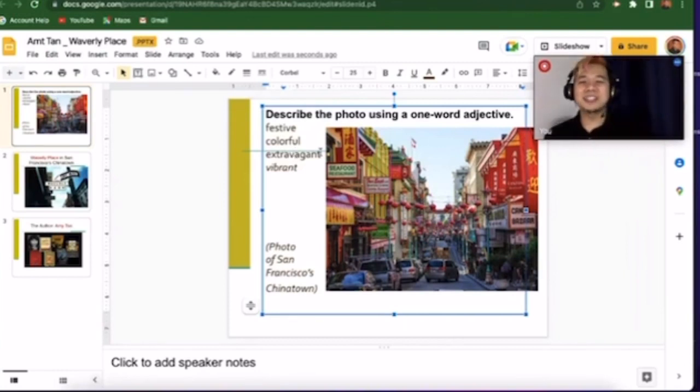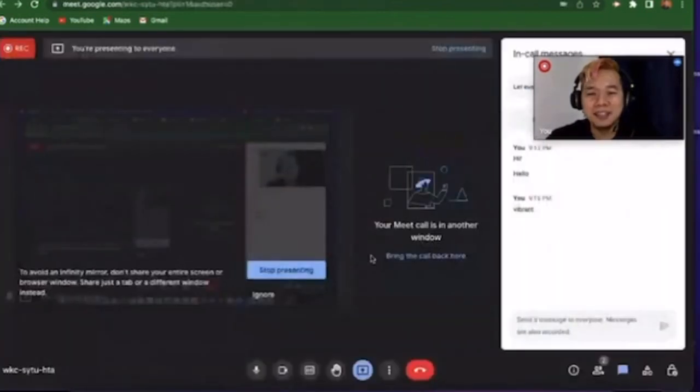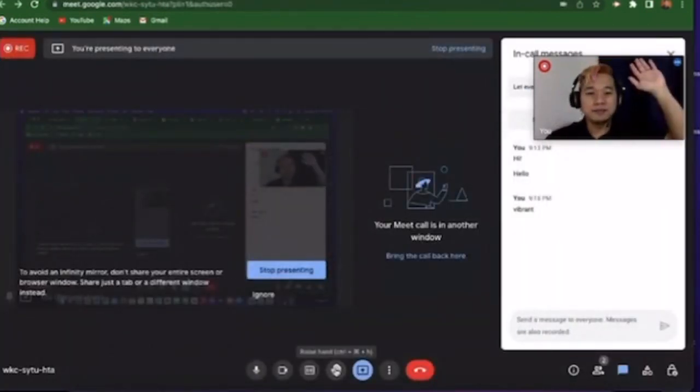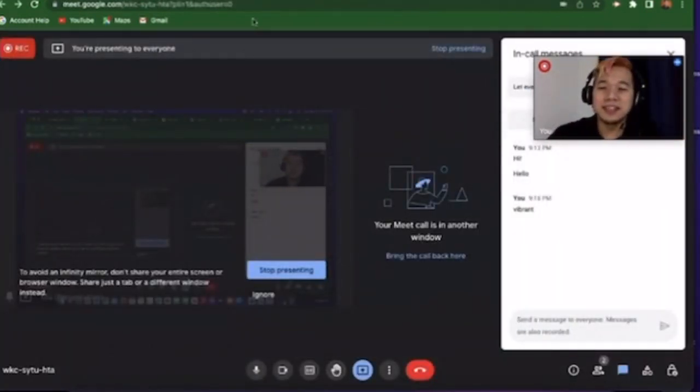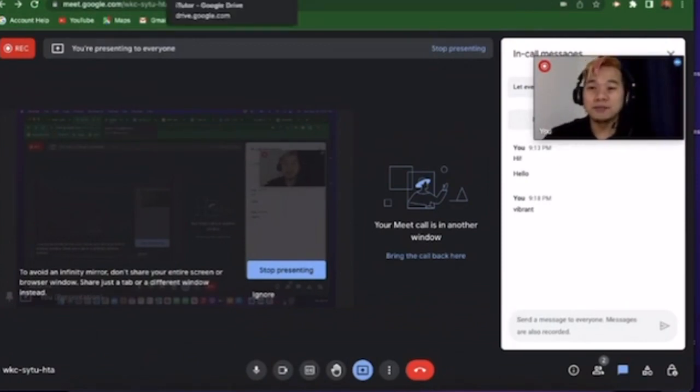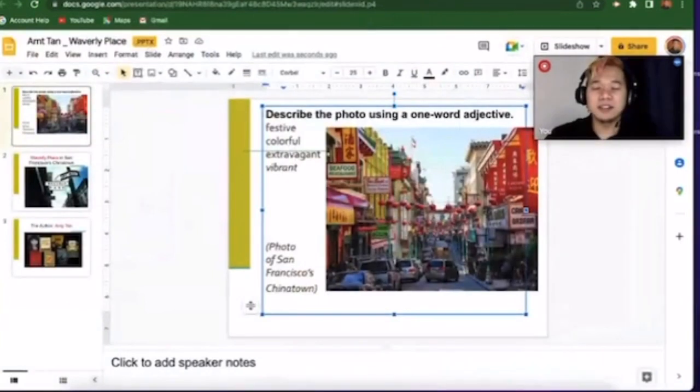All right, who said it's colorful? Raise your hand. We have actually an icon right there that you can use to raise your hand. I see the hands of Faith, Erica. Okay. And who says extravagant has more positive connotation? So I can see that all of you agree that colorful has more positive meaning or effect to you.